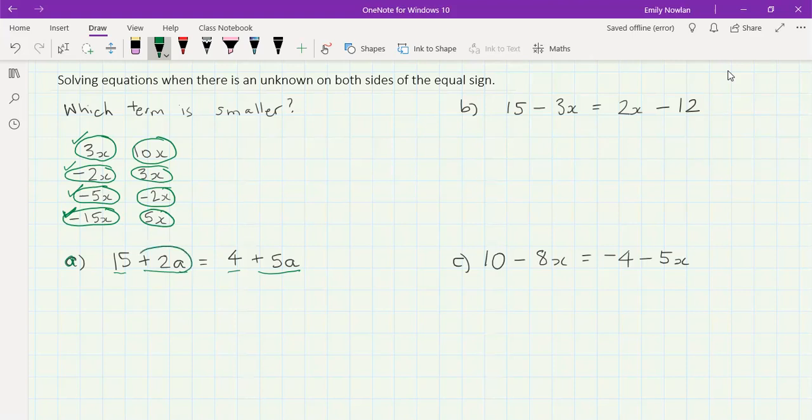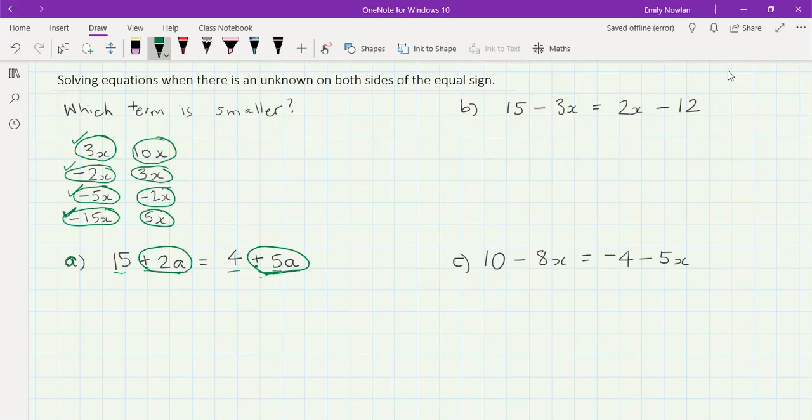There is one on this side of the equal sign, that is 2a, and another one, 5a, on the other side. See how I include the front sign, because it's connected to the term directly in front of it. So which is the smallest term, 2a or 5a? You can move either, but this way we avoid having to deal with negative signs. So I would say 2a is smaller than 5a.